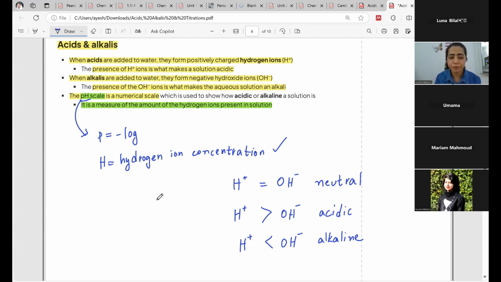Yes, Luna. If the acid is pure acid and it's not mixed with water at all, it does not have any water, it's just pure acid, how can we find out? It is still having H and OH because acid is in the form of solution always. Okay.